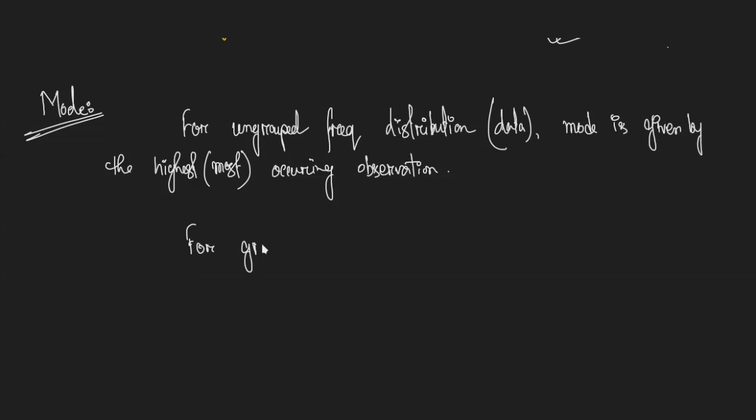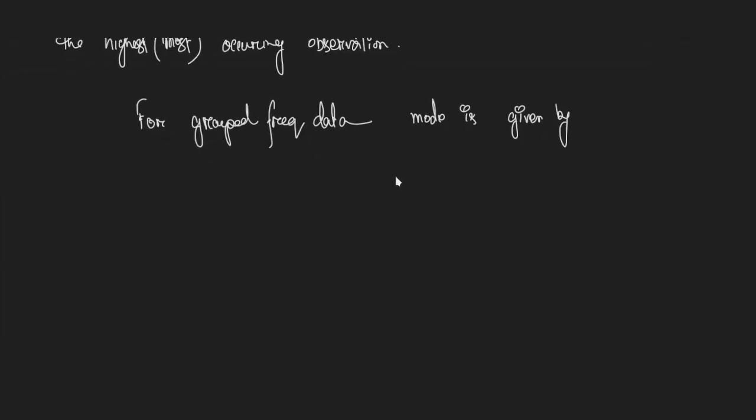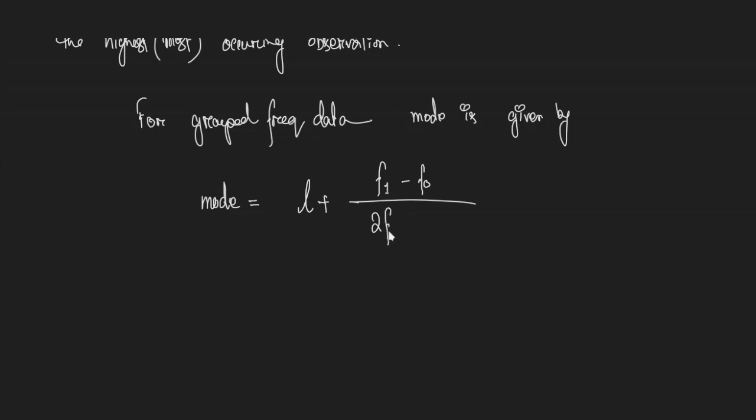For grouped frequency data, mode is given by mode equal to L plus (F1 minus F0) by (2 times F1 minus F0 minus F2), into H. That's the formula.